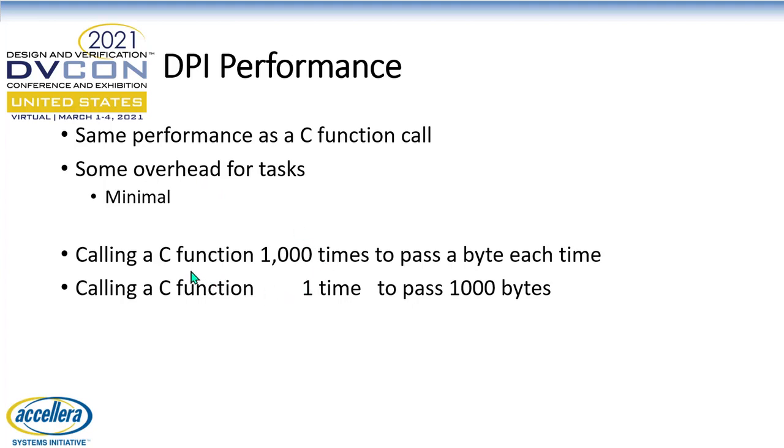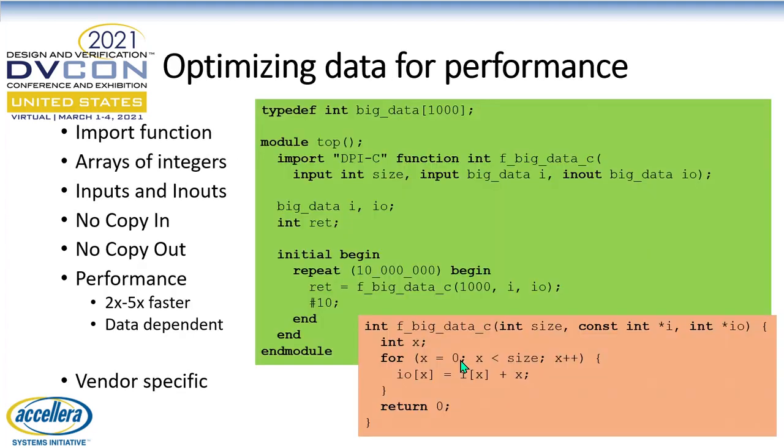And so, we want to be smart about how we program. Instead of calling a function 1,000 times, we would rather call a function one time and pass a large quantity of data in. So if you find you're writing DPI-C and you're making a lot of calls, well, that's just going to be slower than it might otherwise be. So minimize the number of calls.